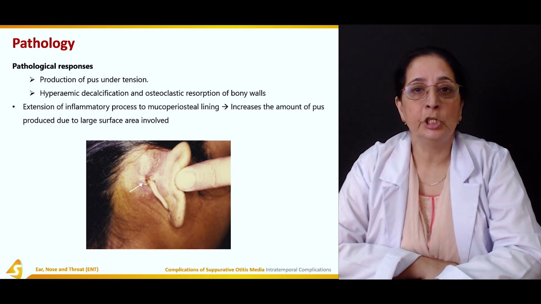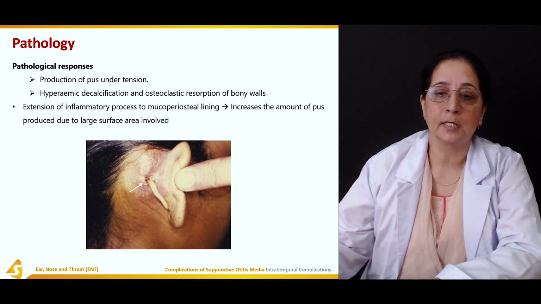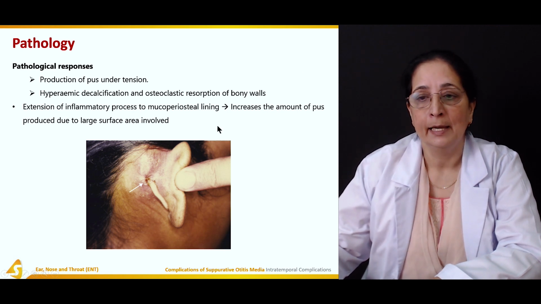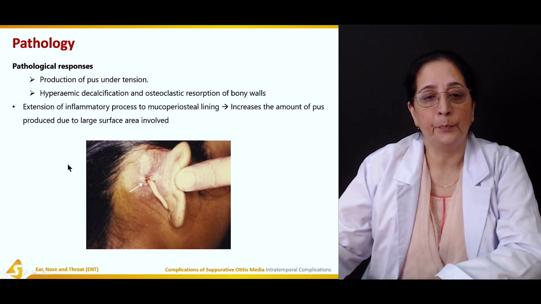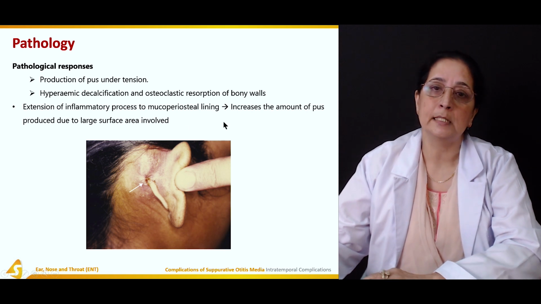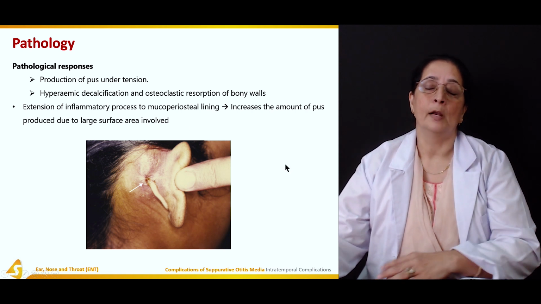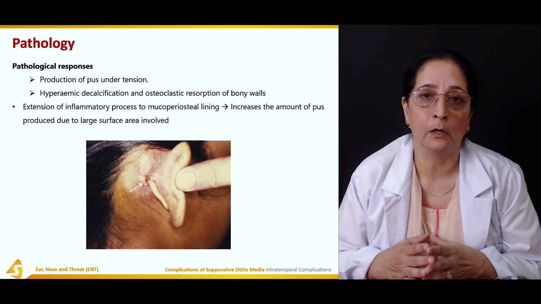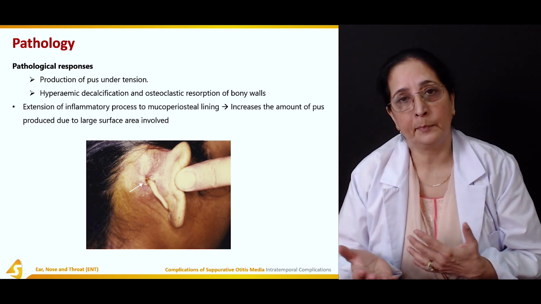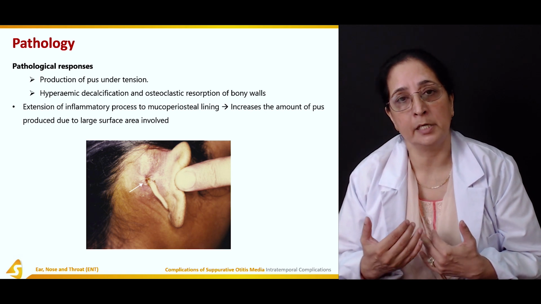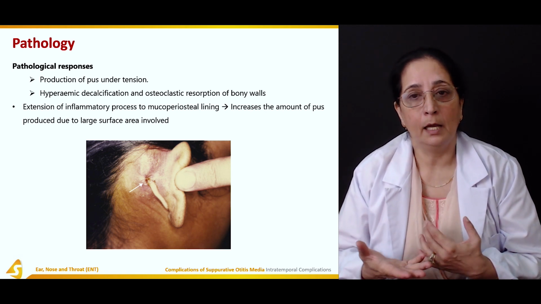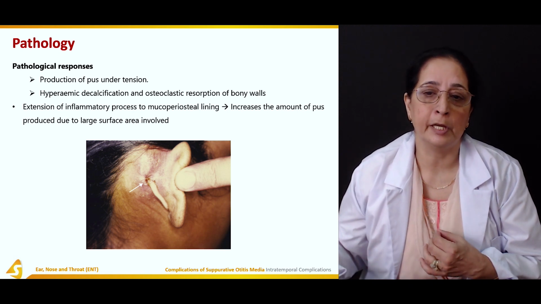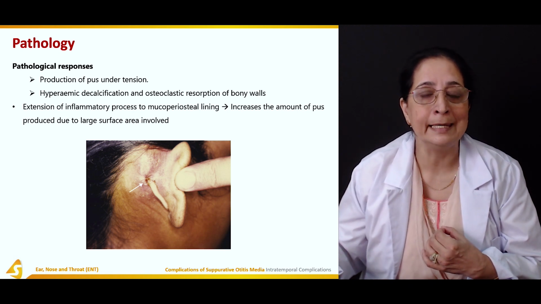Then there is extension of the inflammatory process to the mucoperiosteal lining, which increases the amount of pus produced due to the large surface area involved. So this is the pathological response by which the spread of infection occurs. From the site of infection, it spreads to the mucoperiosteal lining.